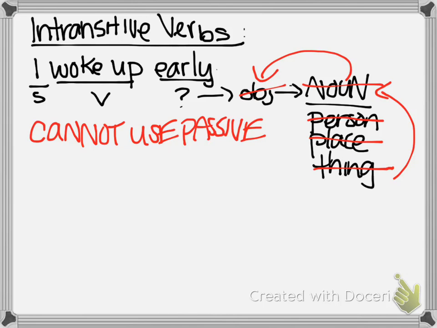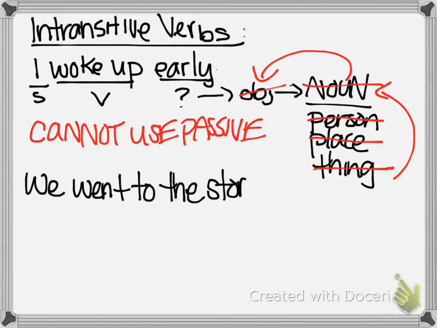Let's take a look at one more. All right, so let's start with step 1, which is identify our pieces. So we have we is our subject, went is our verb, and then we have to the store. Now the store, that's a place. Maybe it's even a thing.